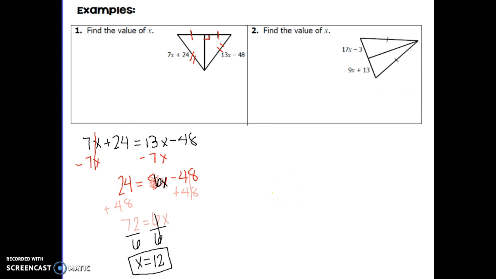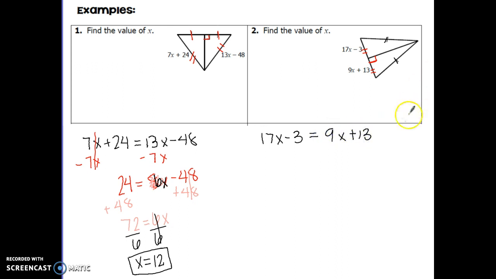Number two looks like the converse of the perpendicular bisector theorem. So we do have this side, and these two are congruent, which means that this is a perpendicular bisector, and therefore these two are congruent as well. So I will set it up like that. I will say 17x minus 3 is equal to 9x plus 13.